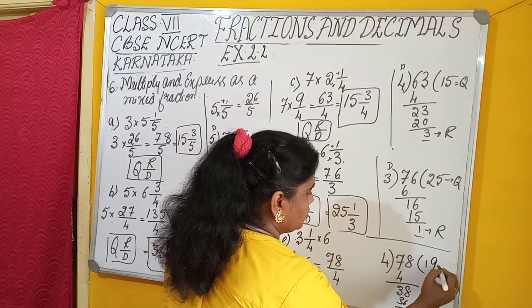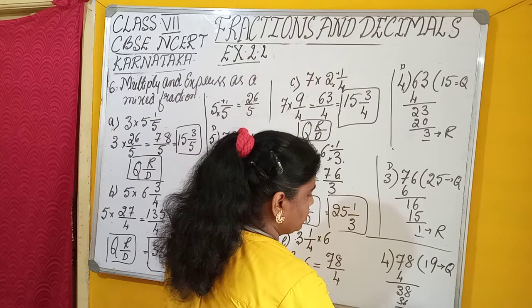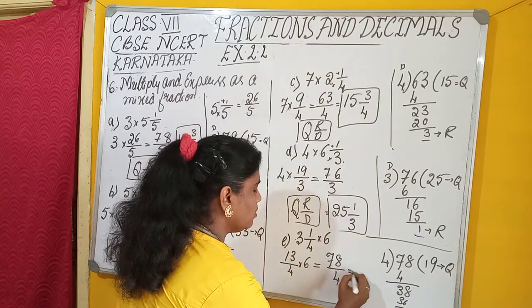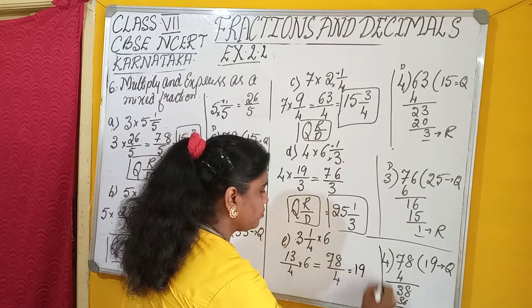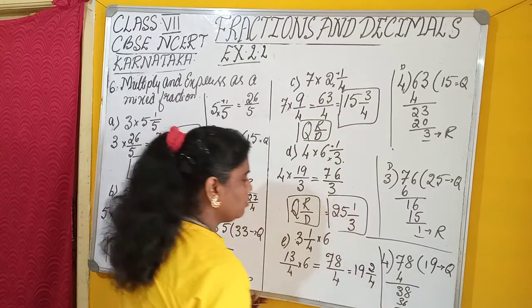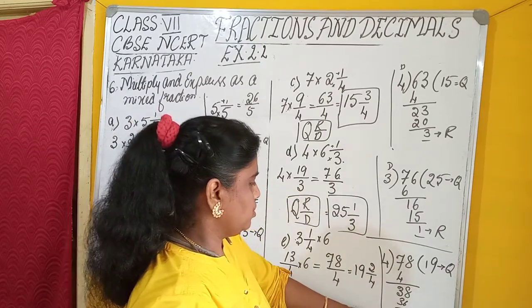Remainder is 2. QRD form is 19 2 by 4. Okay.